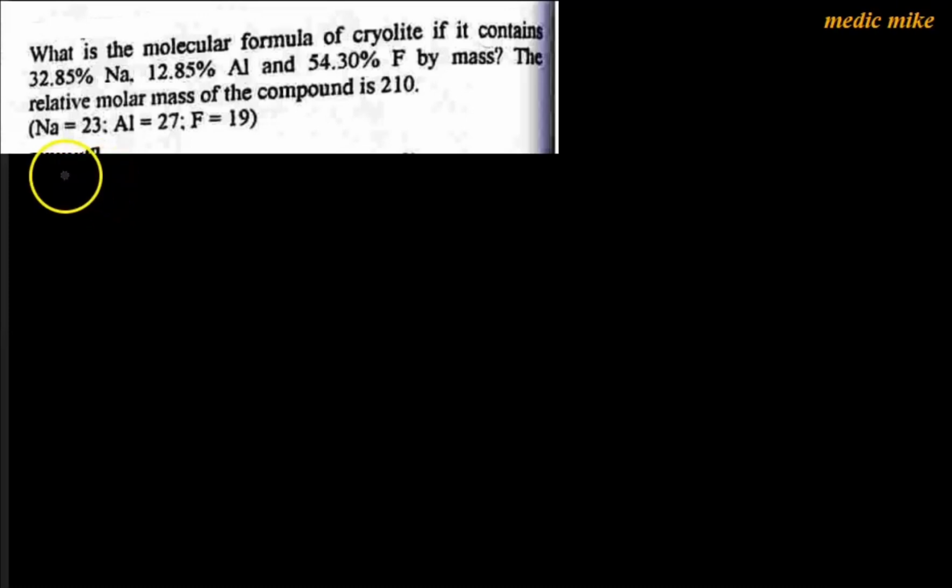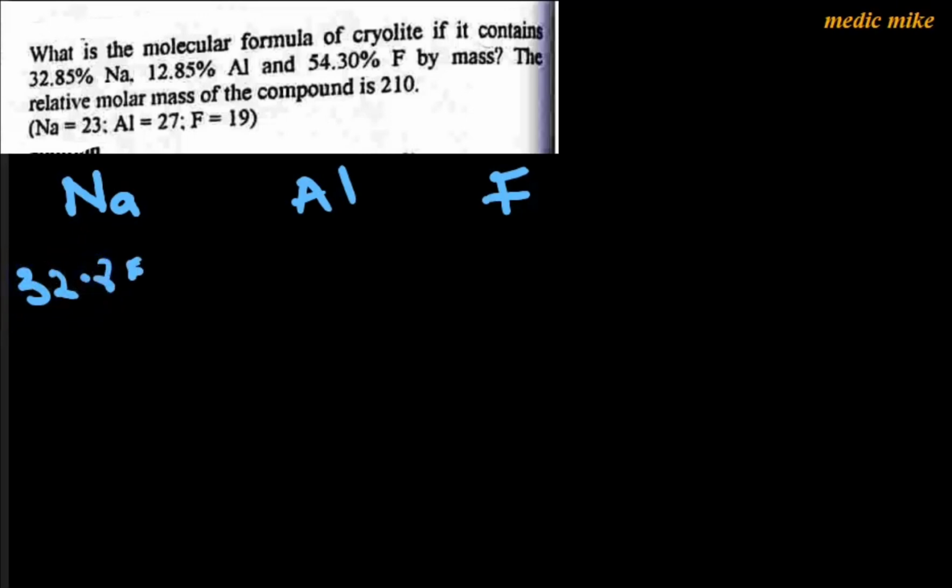We'll just write down our respective atoms, which are sodium, aluminium, and fluorine. For sodium, we have 32.85%. For aluminium, we have 12.85%. And for fluorine, we have 54.30%.